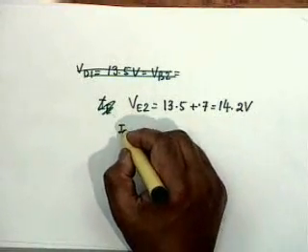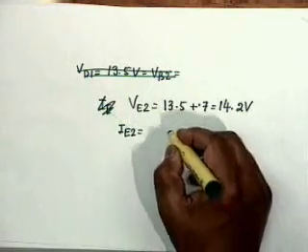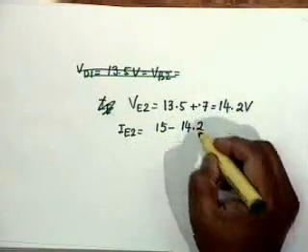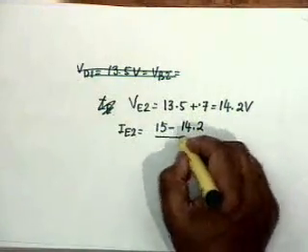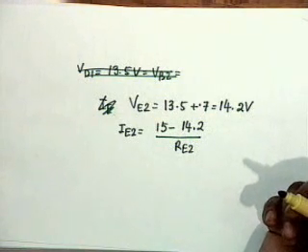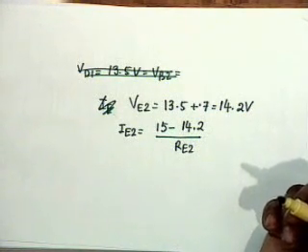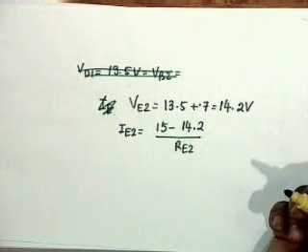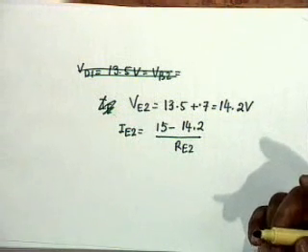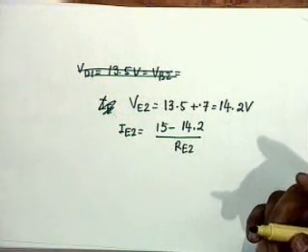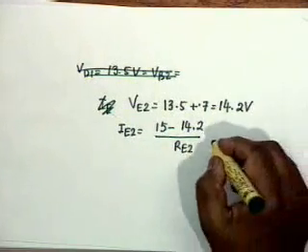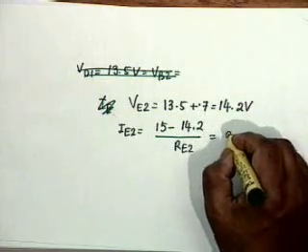And therefore, IE2, which is equal to 15 minus 14.2, the supply, divided by RE2. And this can be taken approximately as 9 milliampere. If you are very fussy, then you divide 9 milliampere by alpha, not beta, alpha, which is beta divided by beta plus 1. But since beta is 100, we can ignore that. Therefore, this is equal to 9 milliampere.